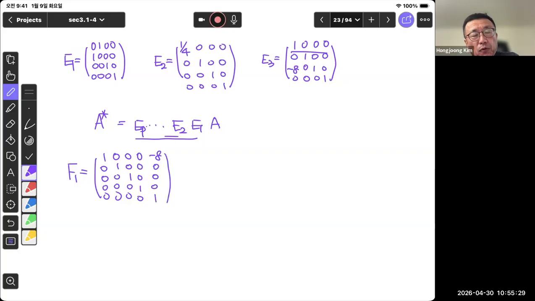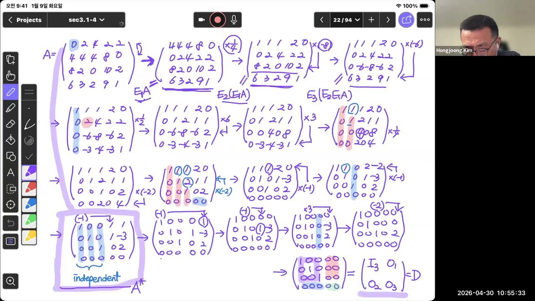So this is your F1. Then the next matrix is obtained from A star by multiplying F1 from the right.